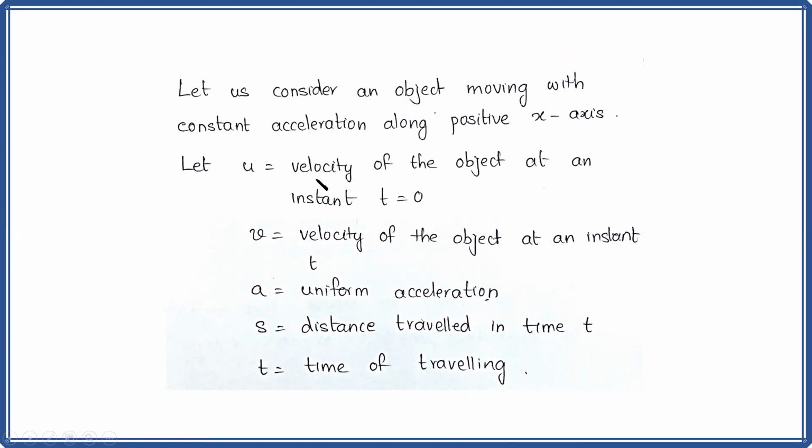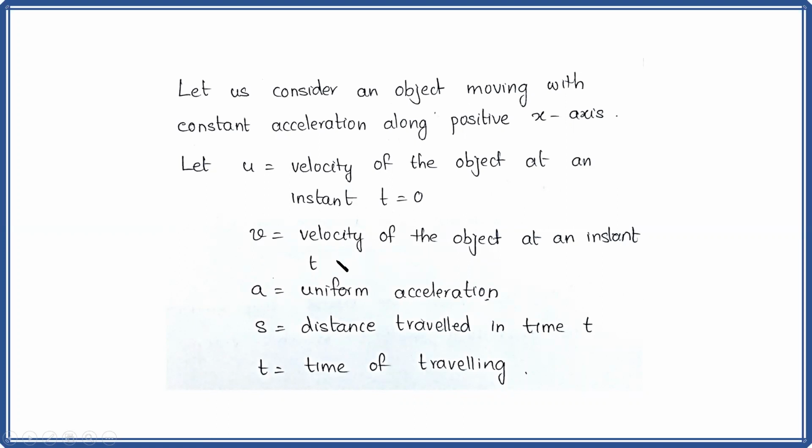The first one is u, which is called the initial velocity. When time t is equal to 0, time has not moved forward at all. That means when time t is equal to 0, the initial velocity is u. V is the velocity of the object at an instant t.